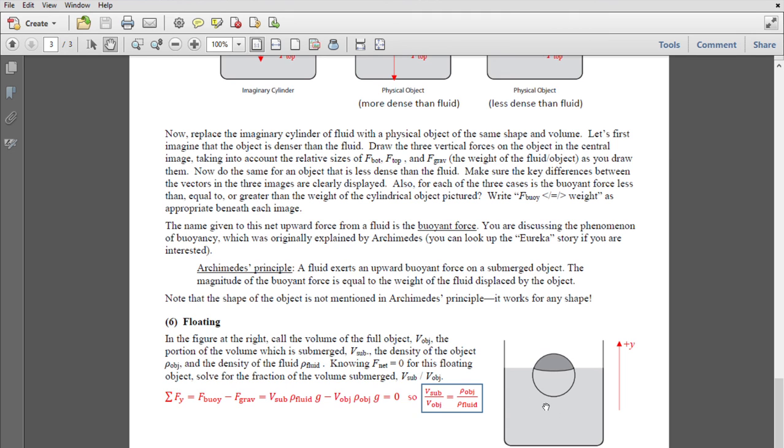So if it's 2/3 of the density of water, 2/3 of the object is submerged. If it's 1/3 the density of water, it would be 1/3 submerged. If it's 9/10, it would be 9/10 submerged. So that's a good rule of thumb, so you can eyeball roughly how far it gets submerged. And that's it for this little artificial lab experience.